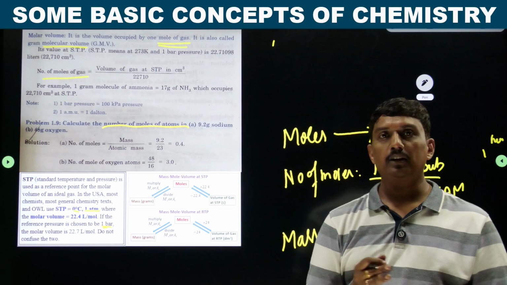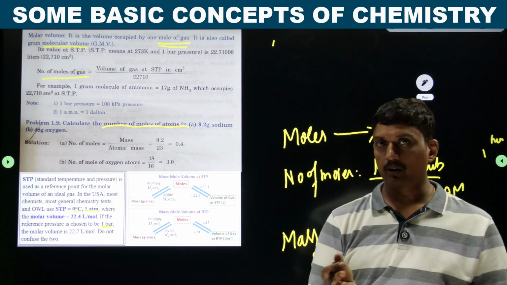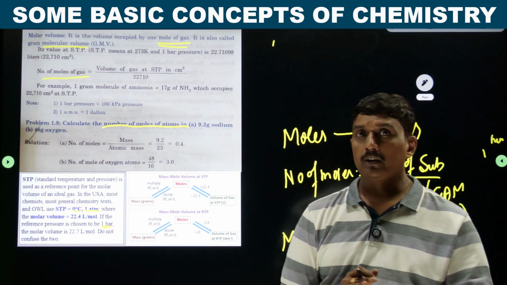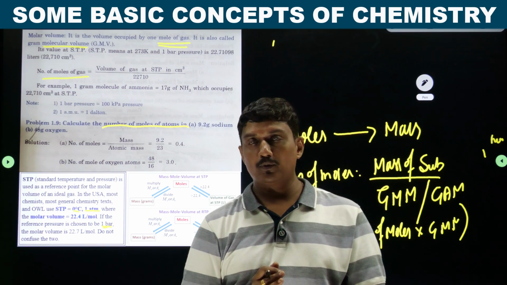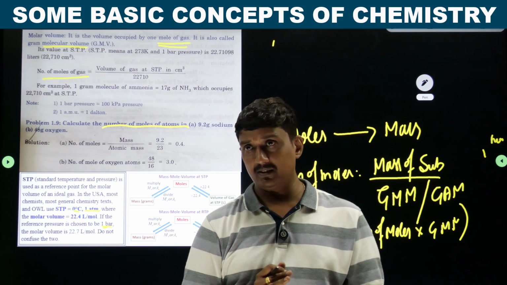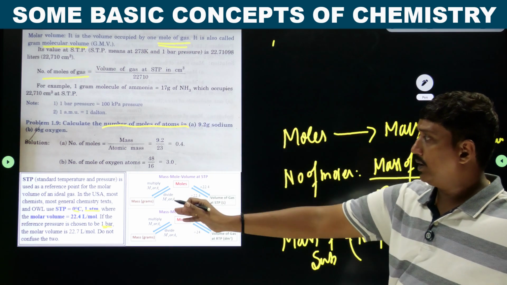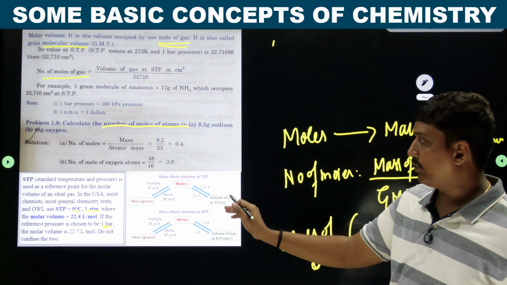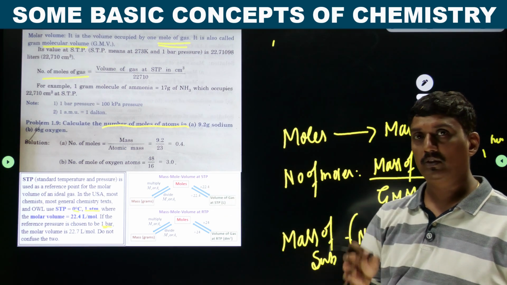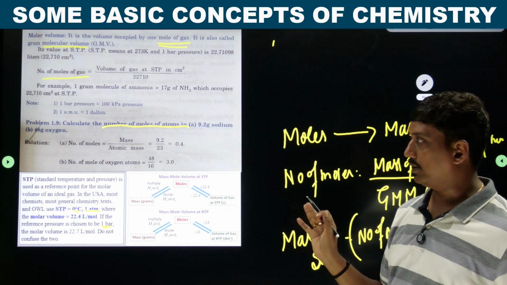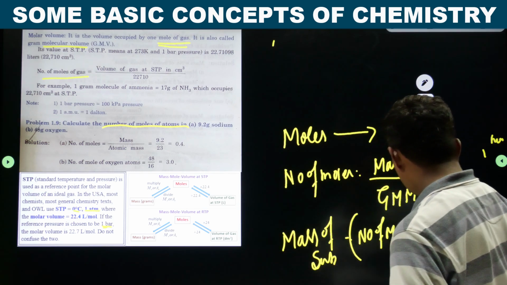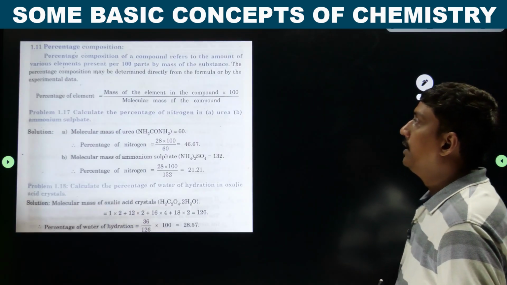At 1 bar pressure, it is 22.7, but usually 22.4 will be taken. It is in liters, 22,400 cm cube, in centimeter cube or milliliters. So how to convert number of moles into volume of gas or volume of gas into number of moles. This is a very important conversion factor. Usually we can expect questions on this.